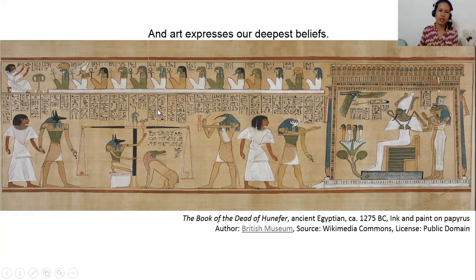Hanifer seems to be talking with the deities or goddesses of the afterlife. The hieroglyphs here are related to incantations or prayers about death. It was important for them to know these because they would need them once they died. So this is Hanifer.